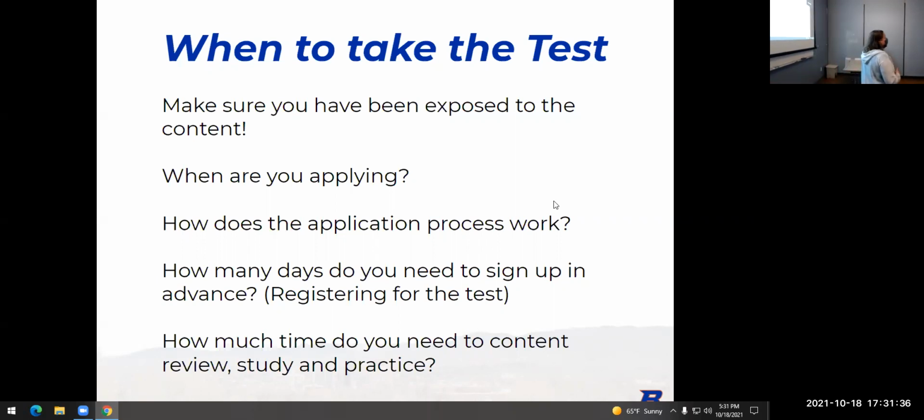Ask yourself when you're applying. No, you shouldn't take your DAT, your MCAT, your PA, your GRE if you're not applying this cycle. Why? Well, most of these tests are only good for 3 years. So you have 3 cycles. So if you take it too early, you're only going to be able to run it through 2 cycles before you have to take it again. I don't want you to take a 7.5-hour test, that's the MCAT, or a DAT for 4 hours and have to take it again.